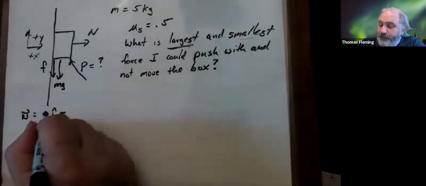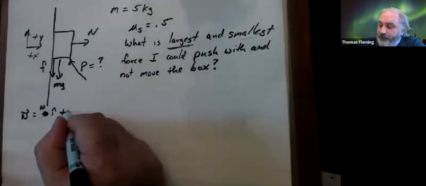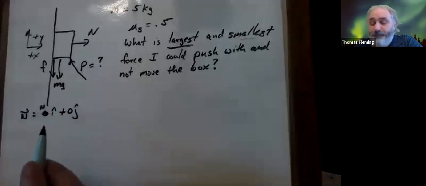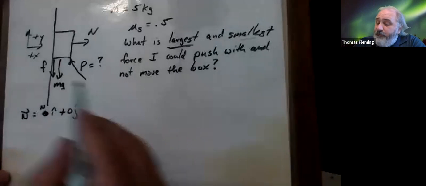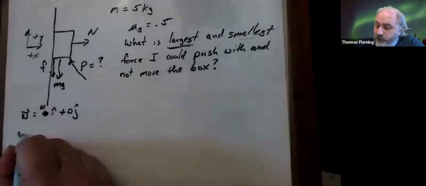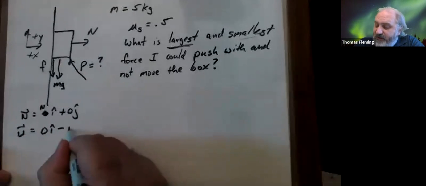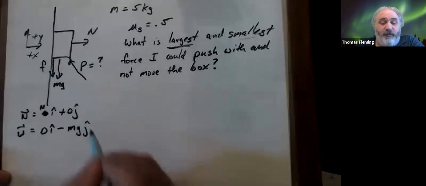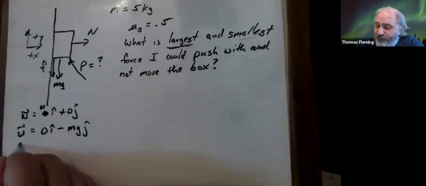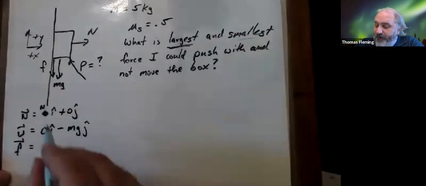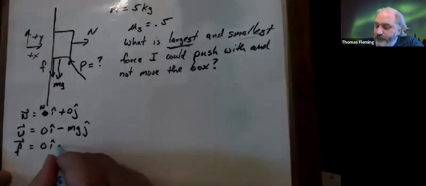So it's N i hat, 0 j hat. The gravity force is not in the X direction. It's going to be negative in the Y direction. The frictional force is going to be only in the Y direction, but not in the X direction.